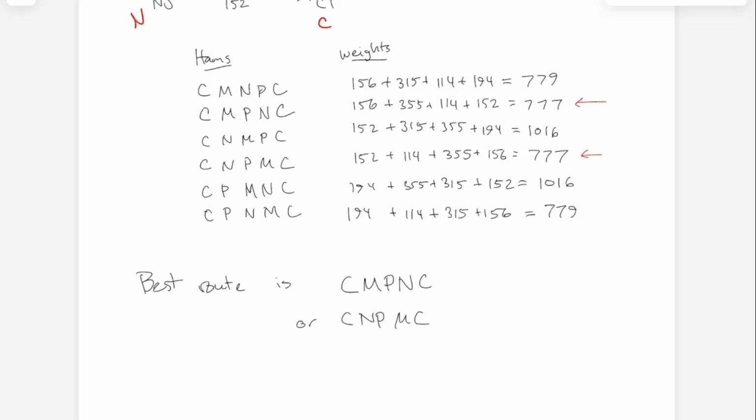Those are the two ones for 777 being the best possible total distance. All right? Only slightly different from the 779, but quite a lot better than the other one, 1016.